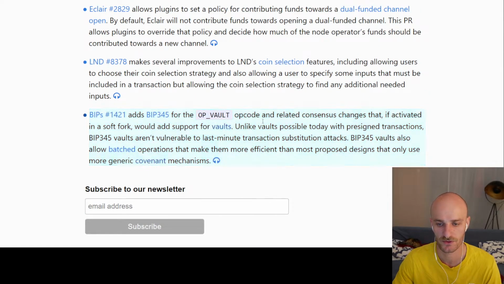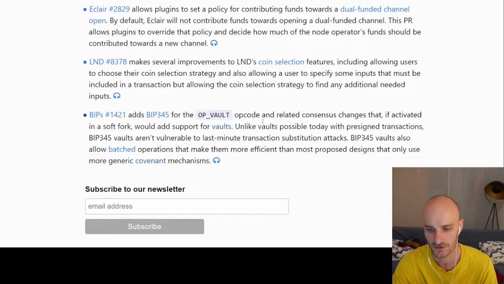An opcode and the related consensus changes that, if activated in a soft fork, would add support for vaults. Unlike vaults possible today with pre-signed transactions, these vaults aren't vulnerable to last-minute transaction substitution attacks. Vaults are also batched operations that make them more efficient than most proposed designs that only use a more generic covenant mechanism.